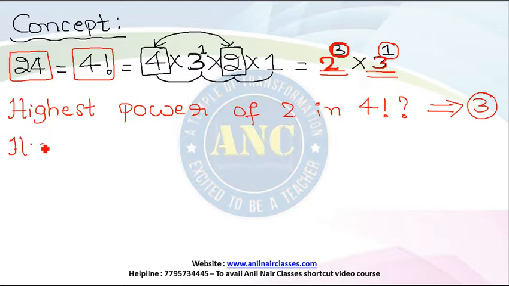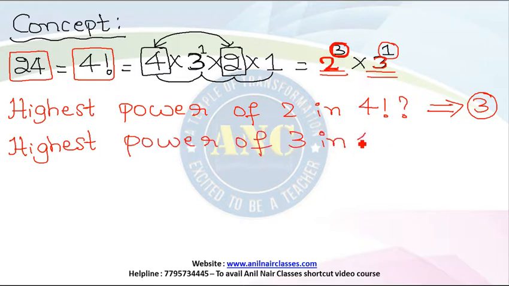Similarly, if I ask you another question for the same example, what is the highest power of 3 in 4 factorial? Highest power of prime base 3 in 4 factorial is nothing but how much? It is nothing but 1.